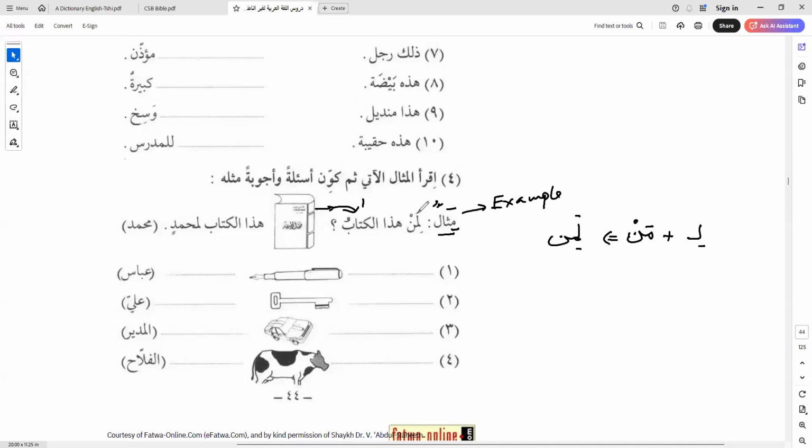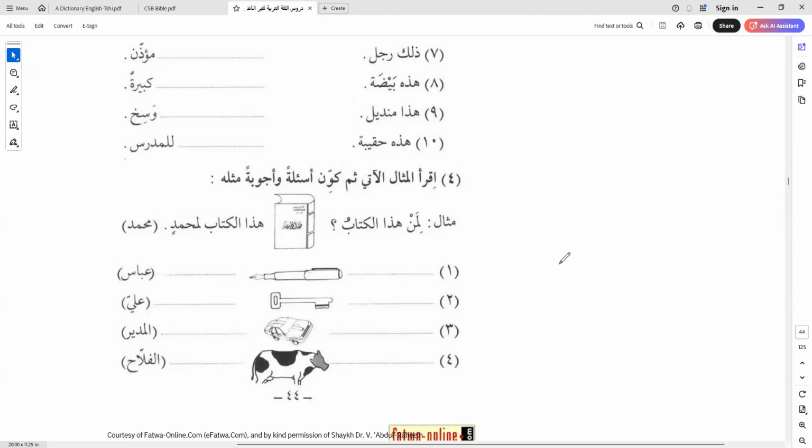So you don't have to say lamin. If you say la min, that is incorrect, but rather it's what? Li man. So the fatha is for the meem down here, and then the kasra is for the lam. So always be careful with that.